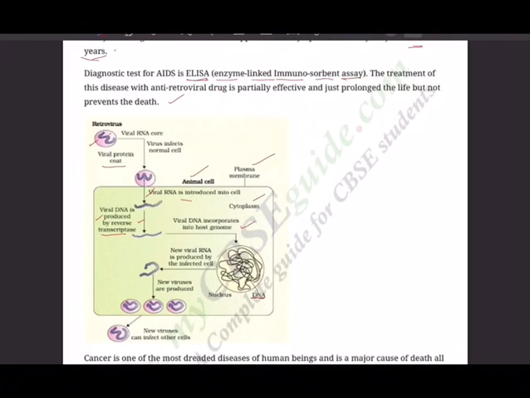New viral RNA is produced by the infected cell. Meanwhile, again it is the reverse. First RNA became DNA. Now DNA is becoming RNA again. So with that, many viral pieces will be produced, and the new viruses having protein coats will be released from that animal cell.